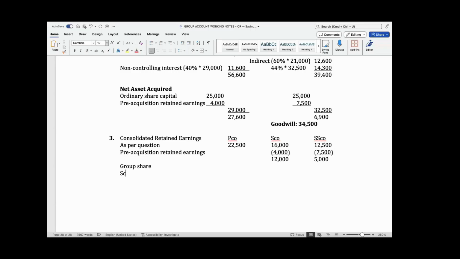So group share in ESCO and SSCO. How many percent do we have in ESCO? 60% times 12,000. How much is that? 7,200. How much do we have in SSCO?